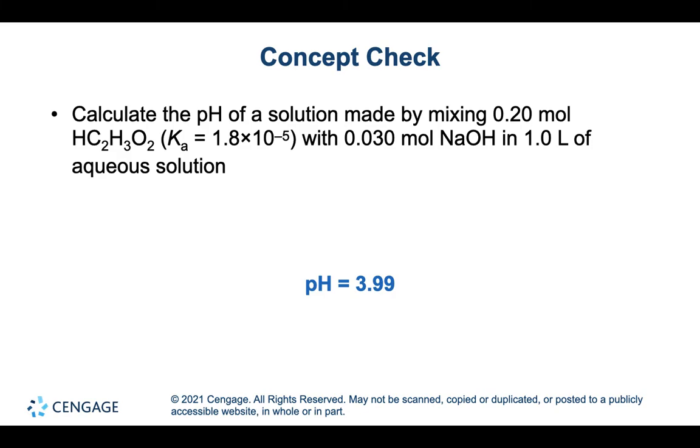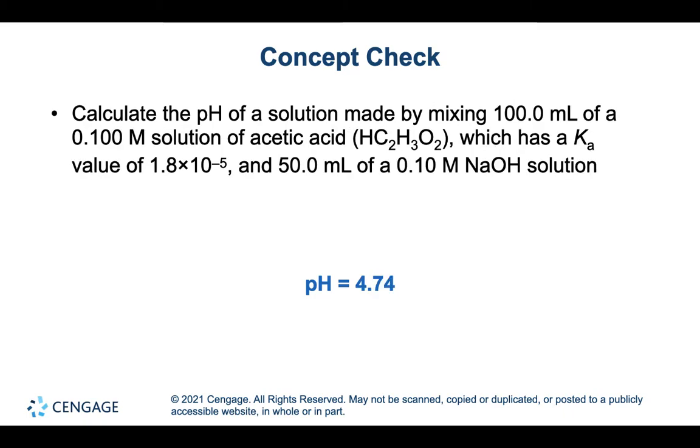Your 0.2 moles of acetic acid is going to come down to 0.17. And your acetate, C2H3O2 minus, is going to go from 0 to 0.03. That's your stoichiometry. And then based on the molarity of the acetate and the molarity of the acetic acid, see if you don't get a pH of 3.99, I'm sorry.